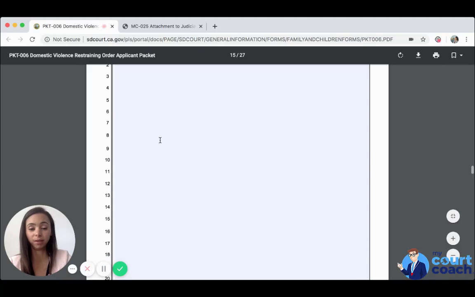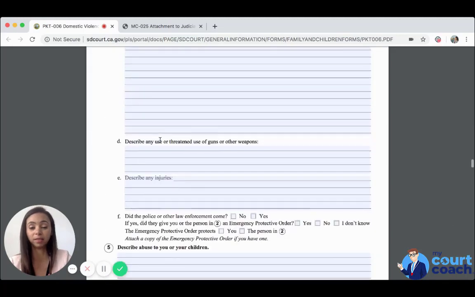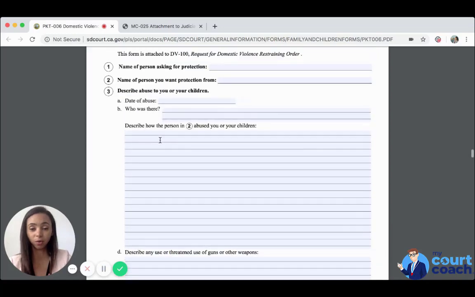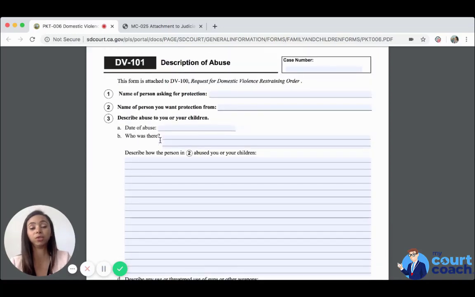So just make sure that you get the content of the abuse on here so that the court can read it, because the court is going to use that information and decide whether they should issue a temporary restraining order. And if you got denied a temporary restraining order, then you are probably not descriptive enough, and you just didn't meet the level of a restraining order.